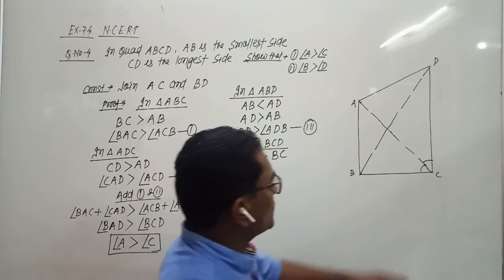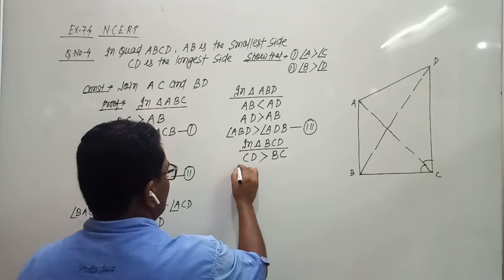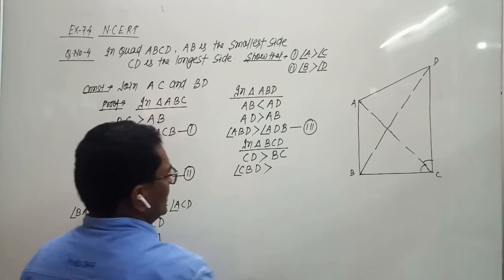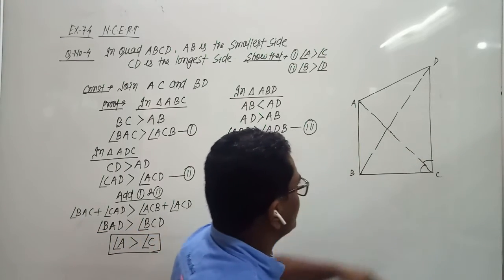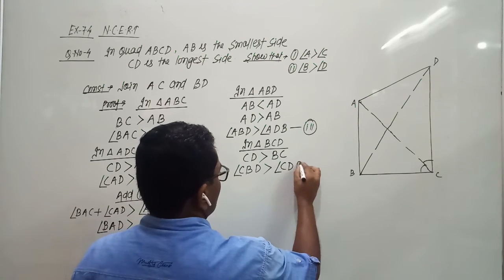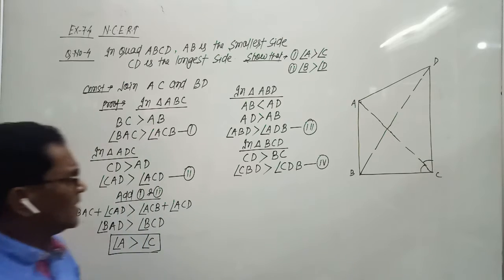And angle opposite to side CD is angle CBD. So angle CBD is greater than angle opposite to side BC, angle CDB. This is fourth equation.